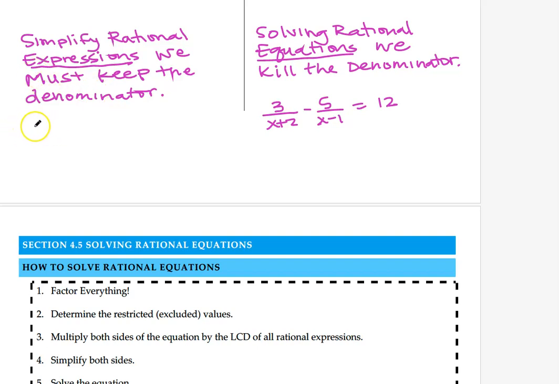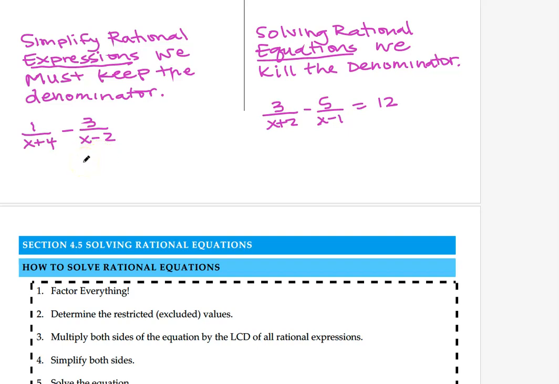But with expressions like we've talked about before, if I had something like 1 over x plus 4 minus 3 over x minus 2, that's an expression. And this is like when we're adding and subtracting fractions, we've got to keep that denominator.